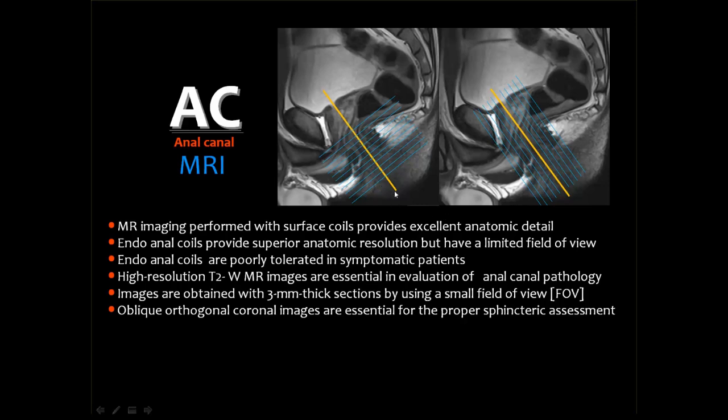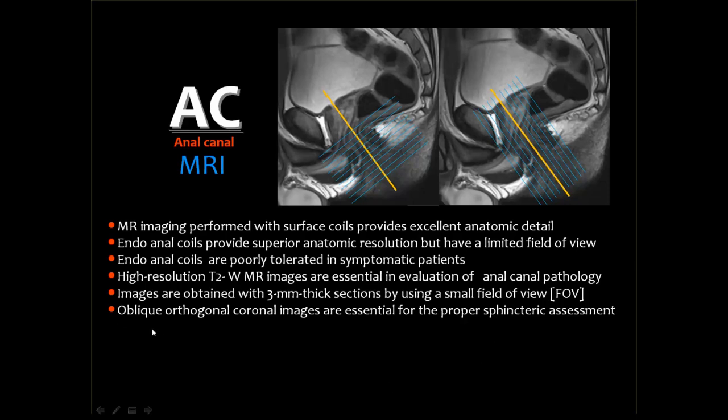This is known as orthogonal axial and coronal imaging. If the plane is perpendicular to the axis of the anal canal, you get axial oblique, which is one of the important pulse sequences for evaluation of the anal fistula. If you are going parallel to the axis of the anal canal, then you have coronal oblique imaging.